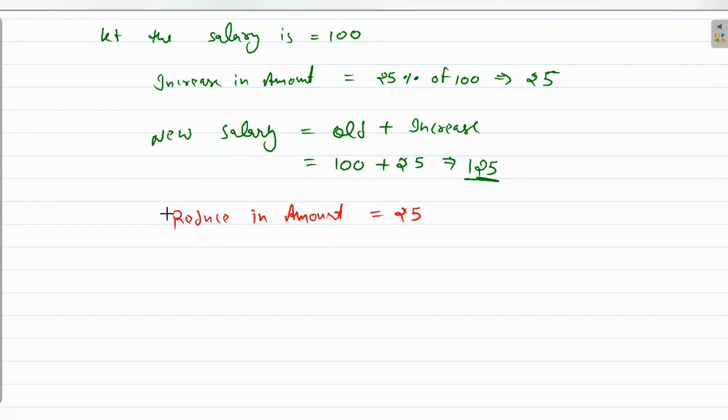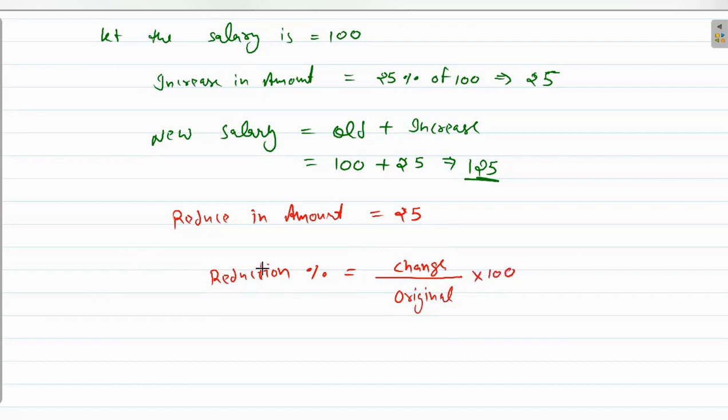So the reduction percentage is how much? Whenever you have to find an increase or decrease, you put the change in the numerator, the original value in the denominator, and times it by 100.